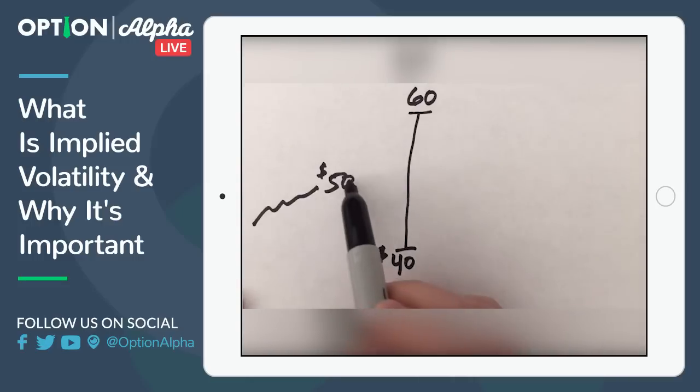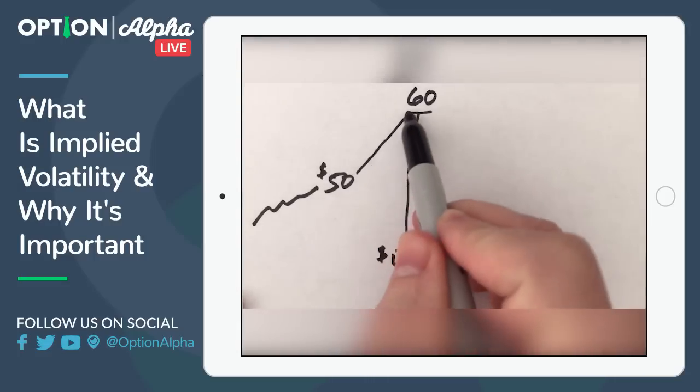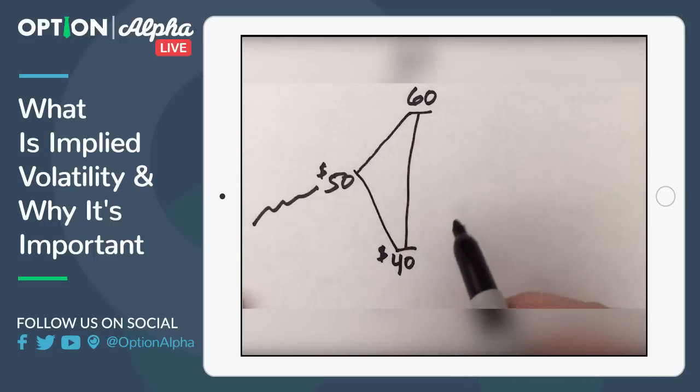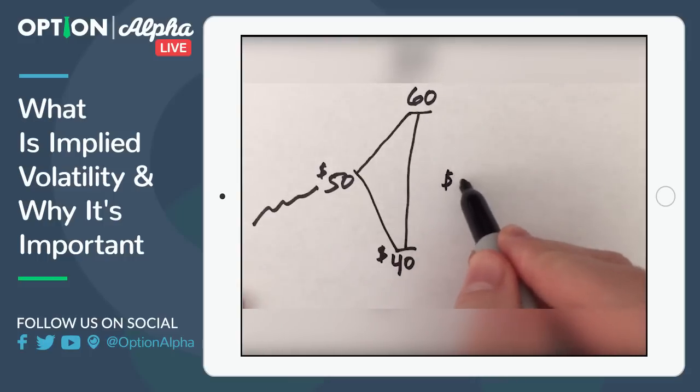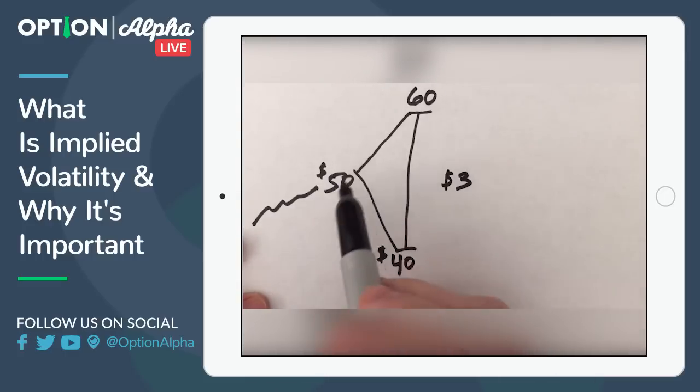So now we know up front, at the time that we enter this option contract, expecting the stock to move between 60 and 40, let's say maybe this contract costs us, I don't know, $3. I'm just using numbers to make it easy, okay? So let's say this contract costs us $3, but the expected range is between 60 and 40.